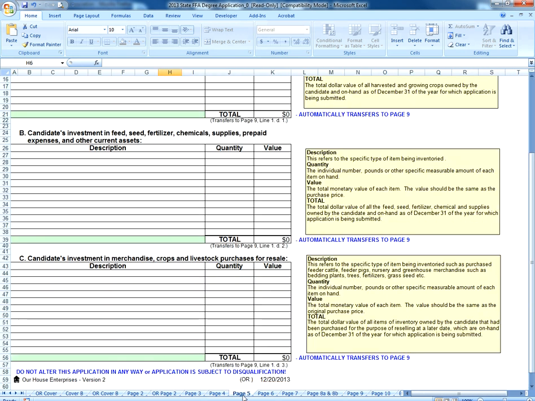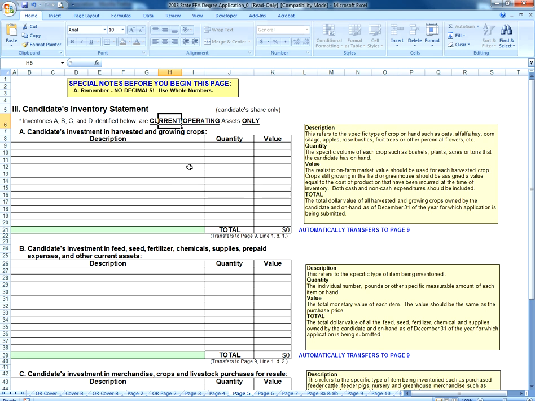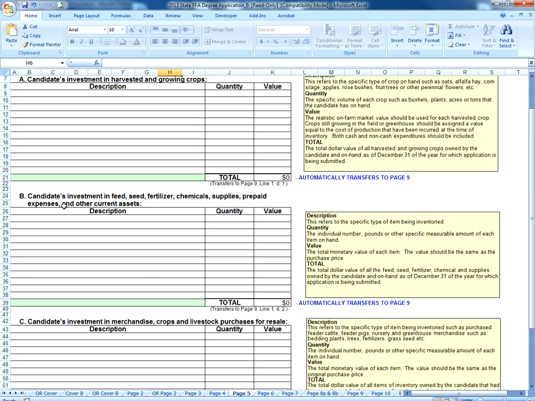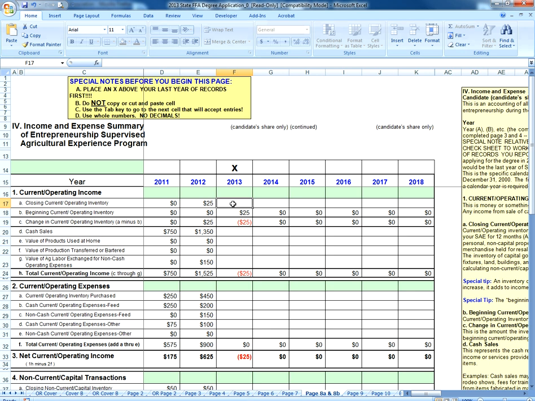In this case, we said we didn't list anything. We didn't list any harvesting growing crops. We didn't list any feed on hand. And so in this case, we're going to say we don't have anything on hand. We have 0 for that. And that's one of the things the record book checks for, or the application checks for, is that you made these match.